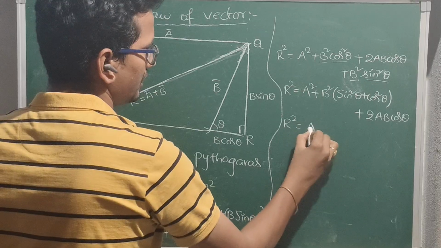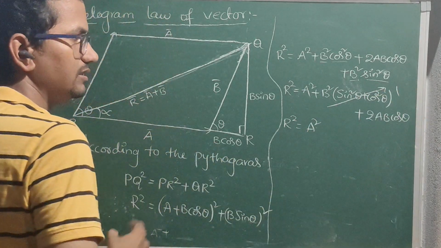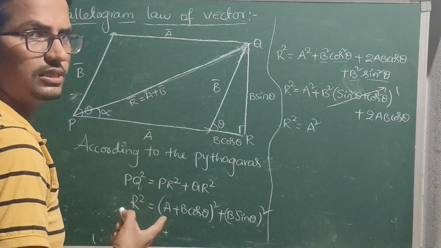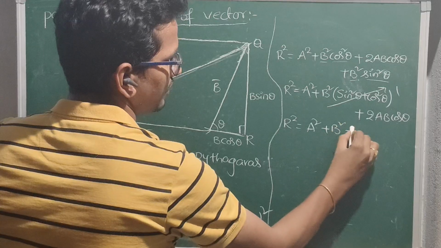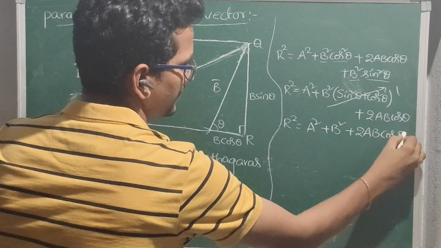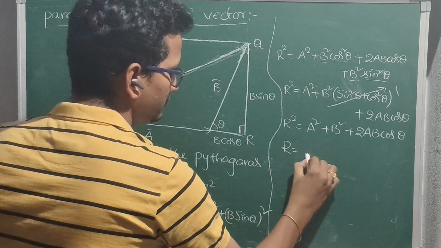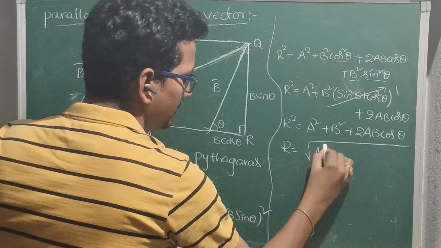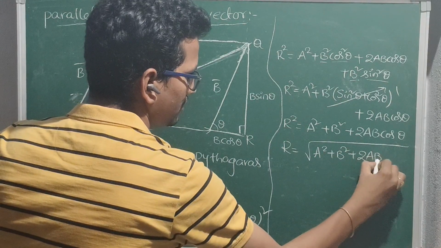So R square is equal to A square plus B square into 1, which is B square, plus the remaining 2AB cos theta. Taking the square root, R is equal to the square root of A square plus B square plus 2AB cos theta.